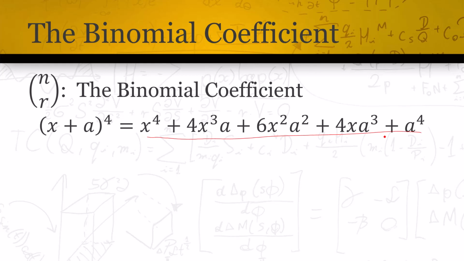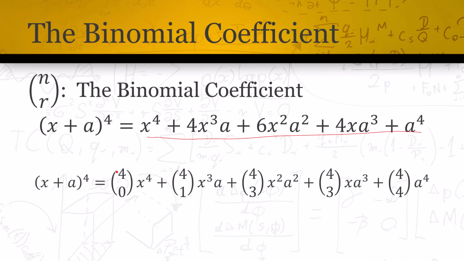Well, it turns out we could also write that as the binomial coefficient of 4 0. Sometimes we call that 4 take 0, which by the way is 1, times x to the 4th. A binomial coefficient of 4 1, which is 4, x cubed a. Then 4 2, which will give us 6, x squared a squared. That is a typo, that should be a 2.